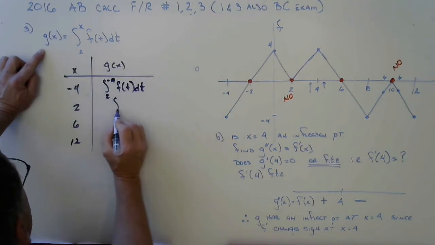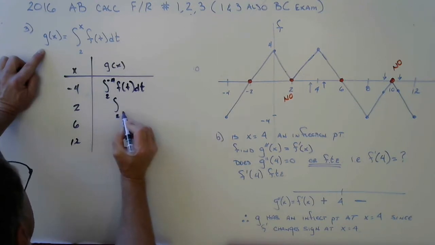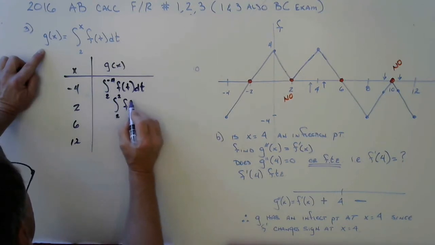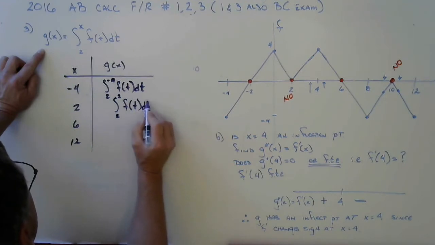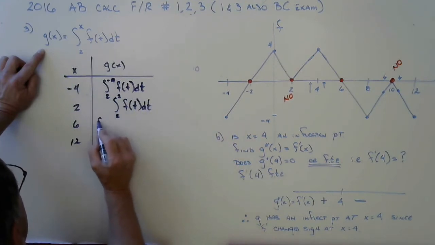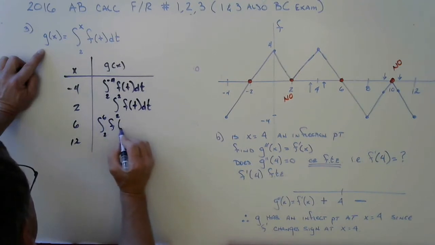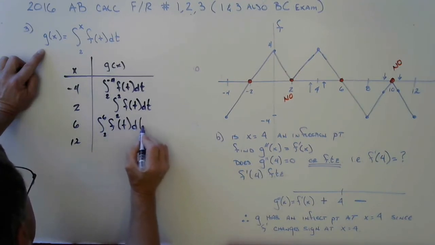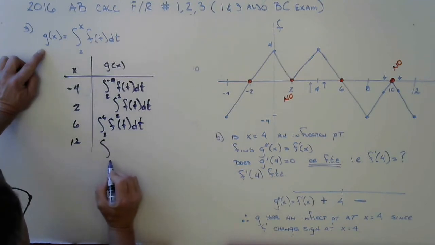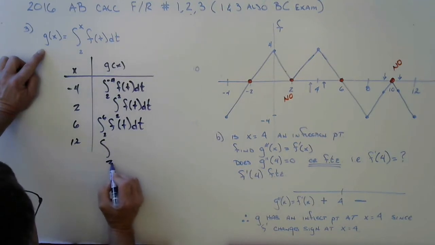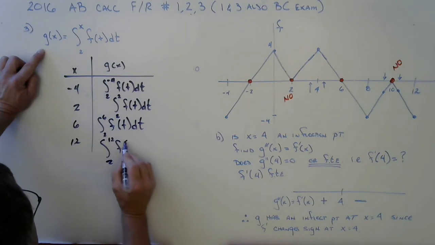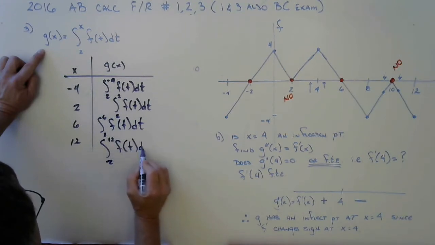This is going to be the integral from 2 to 2 of f of t dt. This is going to be the integral from 2 to 6 of f of t dt. And finally, this is going to be the integral from 2 to 12 of f of t dt.